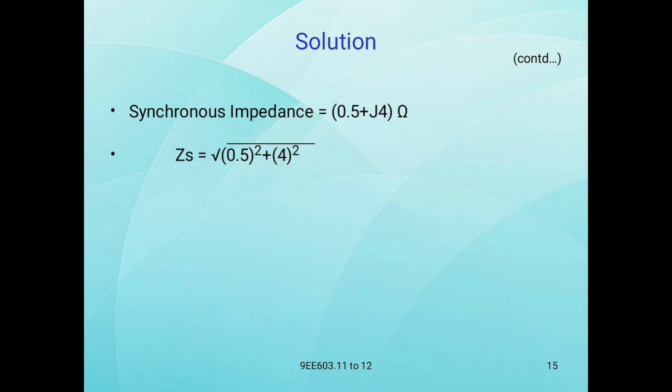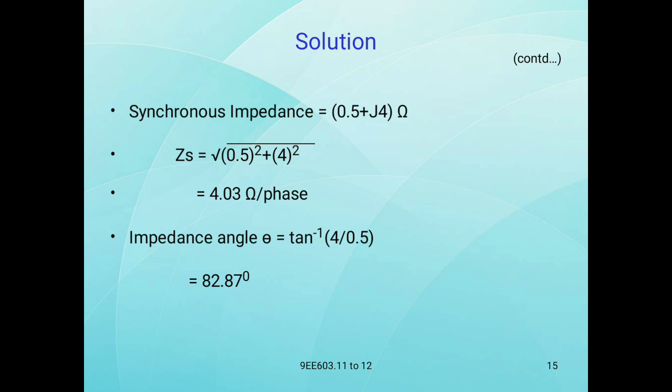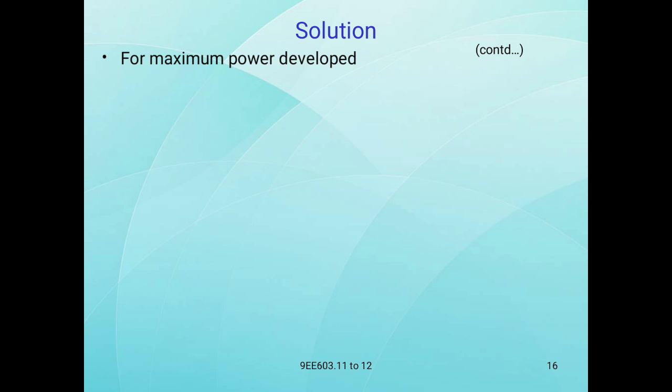Now ZS is 0.5 plus j4 ohms, equal to the square root of 0.5 square plus 4 square, that is 4.03 ohms per phase, and the impedance angle theta is equal to tan inverse of 4 by 0.5, that is 82.87 degrees. The friction and windage losses are equal to 500 watts.